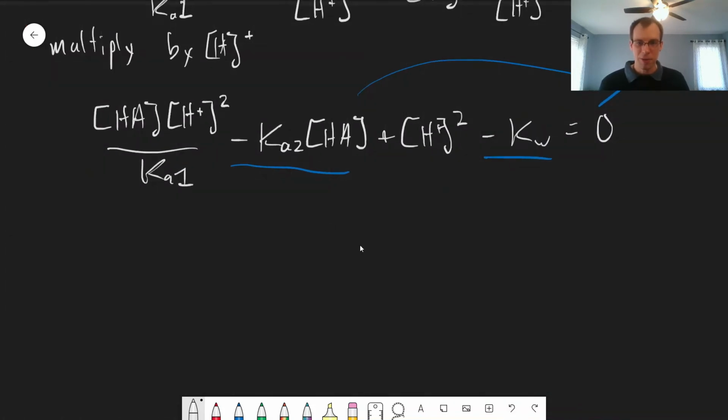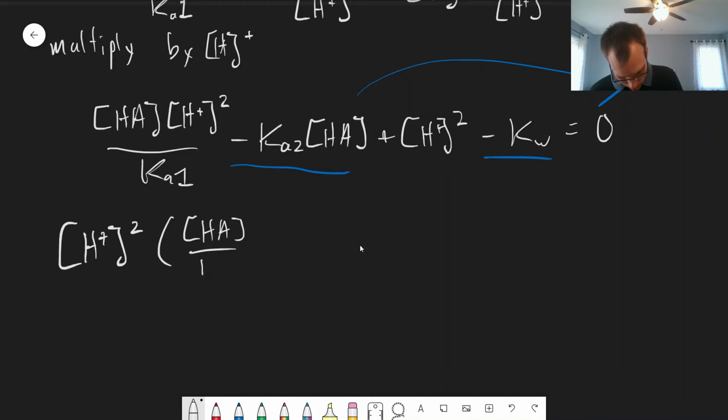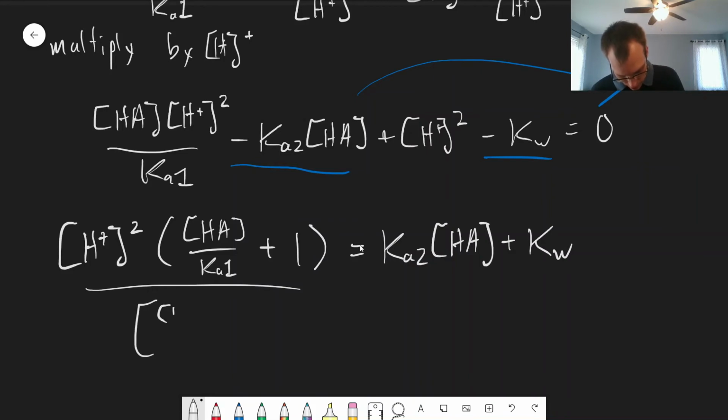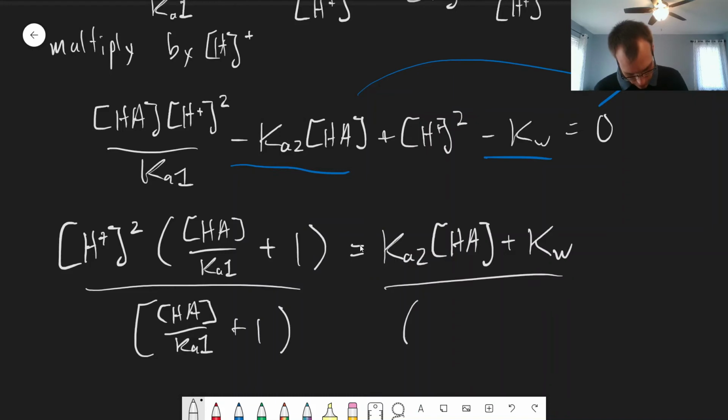All right, so we'll just keep going through this algebra here. We're almost done, by the way. Concentration of H plus squared times concentration of HA over Ka1 plus 1. Oh, sorry, plus 1. That's a plus sign there. Is equal to Ka2 times concentration of HA plus Kw. All right, and then we can divide by this expression over here.